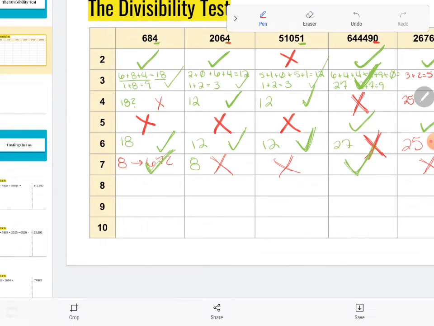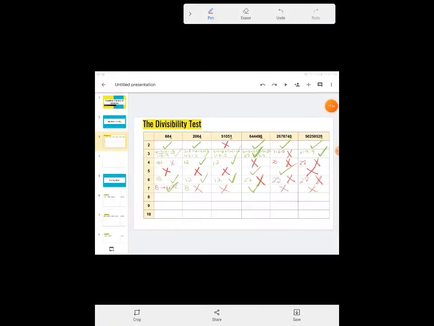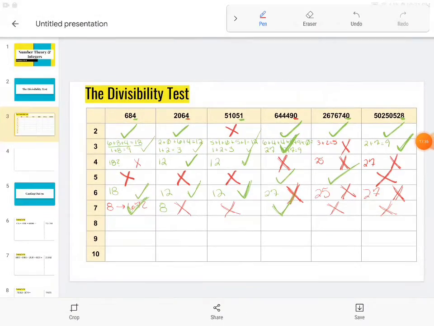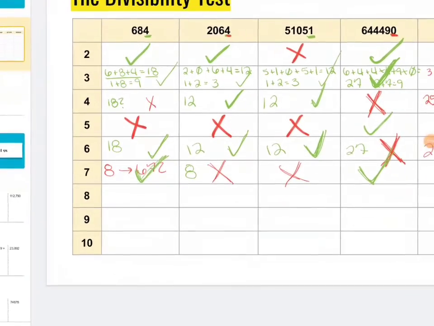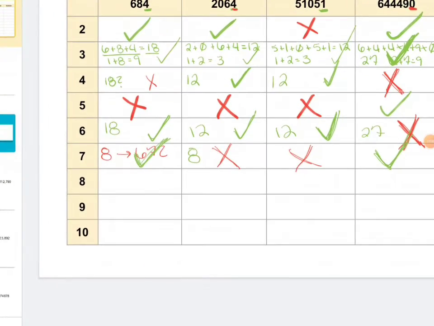For our next number, 8, we're just going to do the same thing we did last time: add all the numbers together, and if it's a multiple of 8, then it should be divisible by 8. So 6 plus 8 plus 4 is going to be 18.